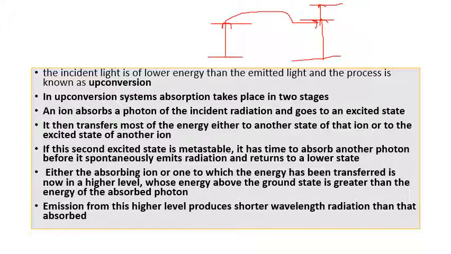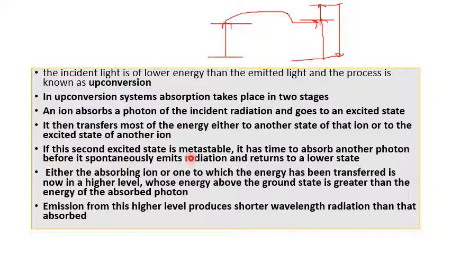And when this higher excited state electron returns to the ground state, a photon of very high energy is emitted. So a photon of less energy is absorbed and a photon of high energy is emitted.